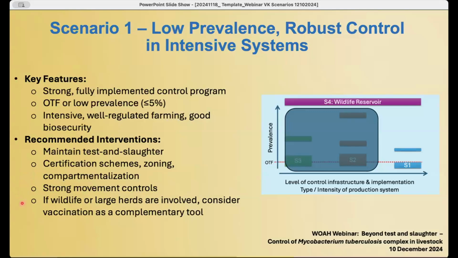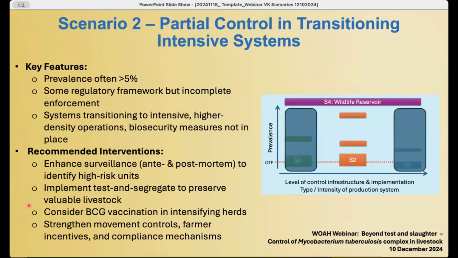If there's a wildlife component or large herds involved, it might be possible to consider vaccination as a complementary tool. There are countries, for example the United Kingdom, or potentially places in the United States, certainly Mexico, where you might want to start to explore vaccination in these systems.